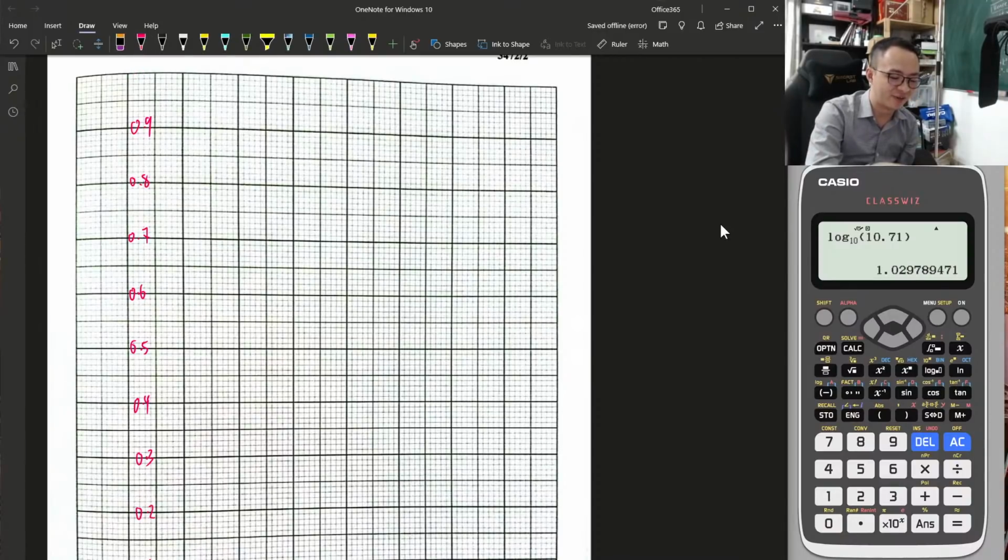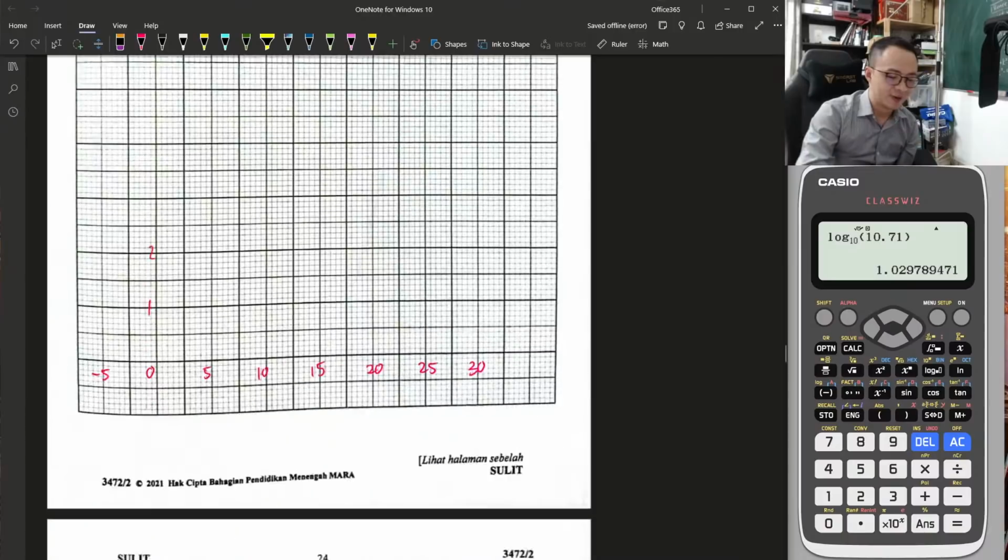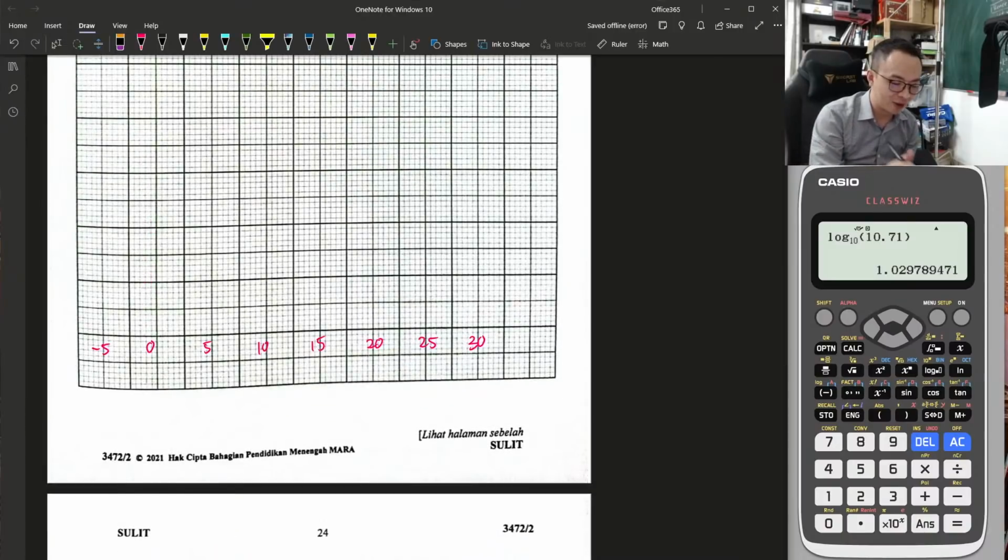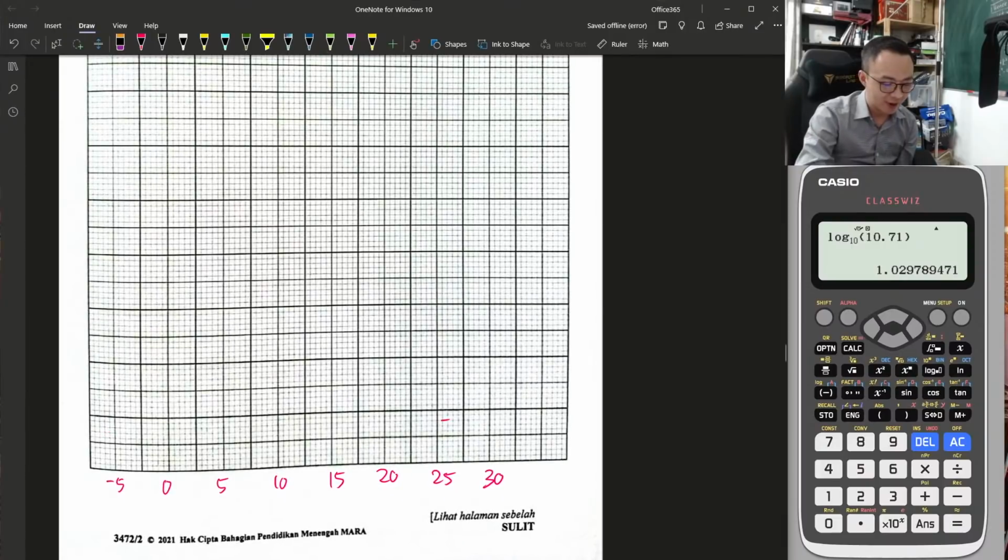It's not enough. Need to make it lower a little bit. Okay, never mind then. Go all the way to the bottom. This is 0, this is 5, 10, 15, 20, 25, 30. Alright, then I will just draw a line at the middle.